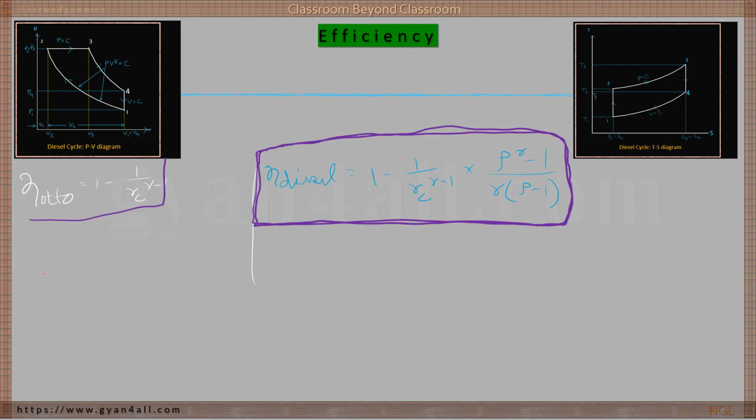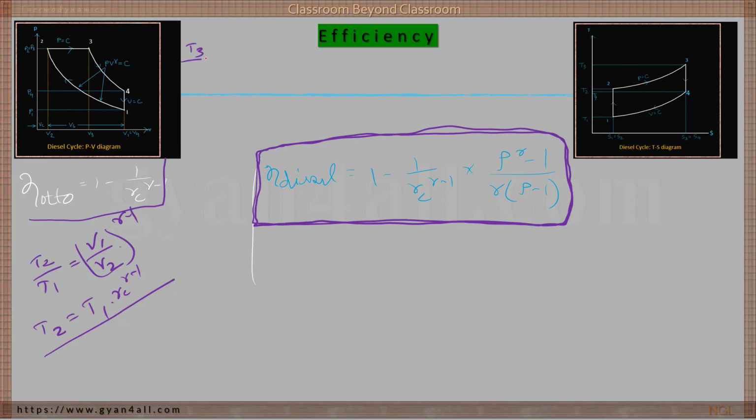So what formulas will we use? T2 divided by T1 is equal to V1 by V2 all to the power gamma minus 1, and T2 equal to T1 RC to the power gamma minus 1. Now come to the process 3-4.